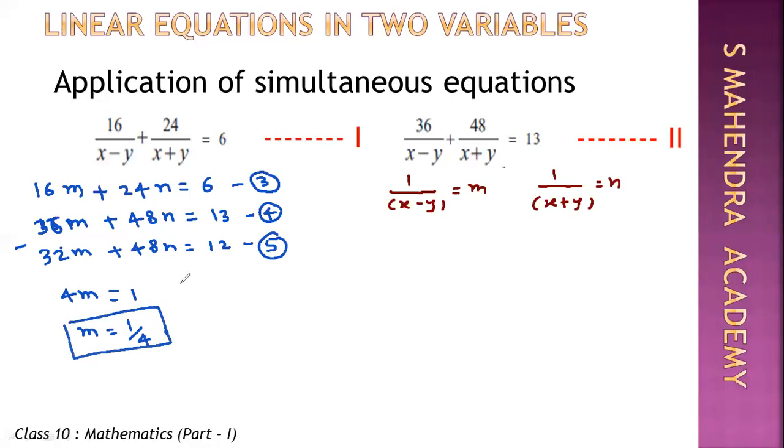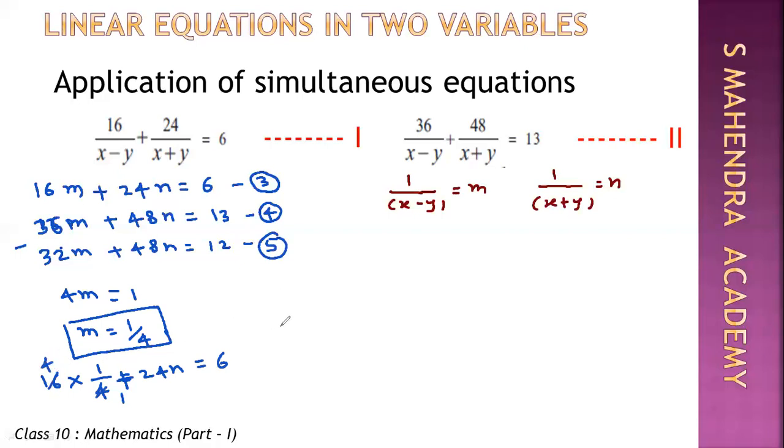For finding out the value of n, we will substitute this value in equation number 3. So equation number 3 will be 16 into m, meaning 1 upon 4, plus 24n is equal to 6, and 4 1s are 4, 4 4s are 16.